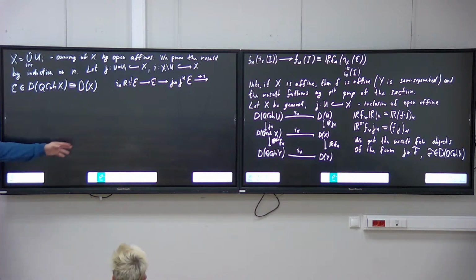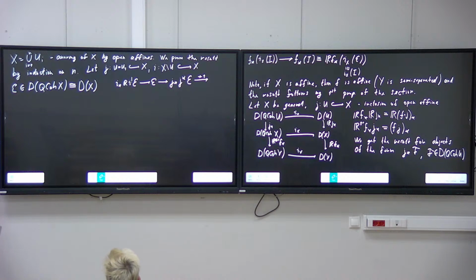The cohomology for the closed part is what's called local cohomology. So this is how you can see the theory of local cohomology in algebraic geometry, which is not affine. It's just an existence of this distinguished triangle.